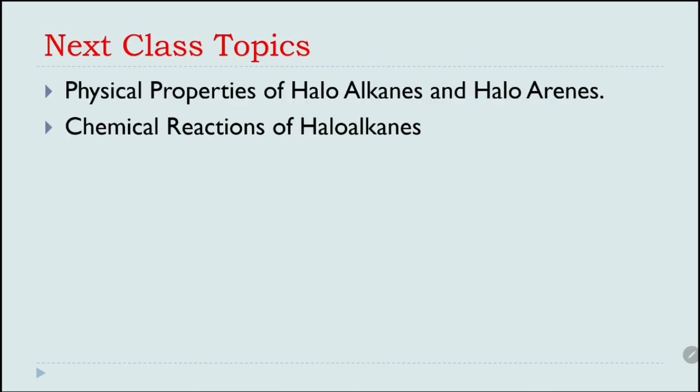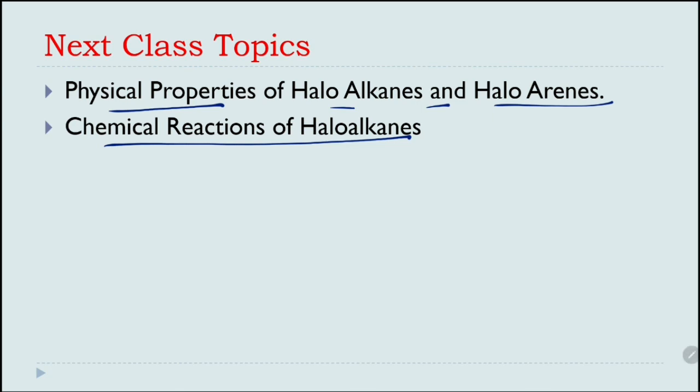In the next class we will discuss the physical properties of both haloalkanes and haloarenes, and we will also start the chemical reactions, and this chemical reaction part will take almost 3 to 4 classes to get completed.